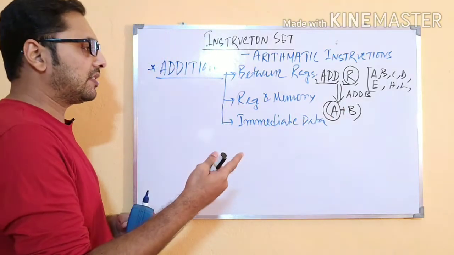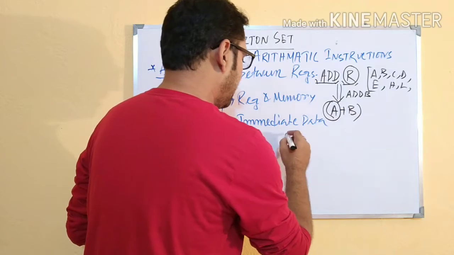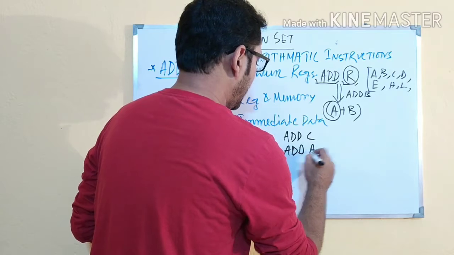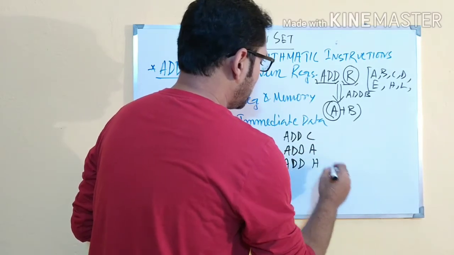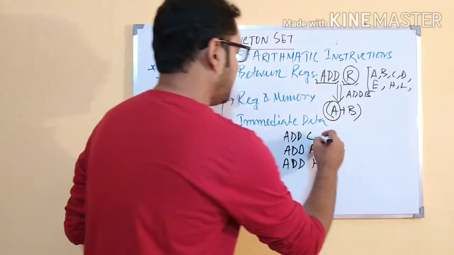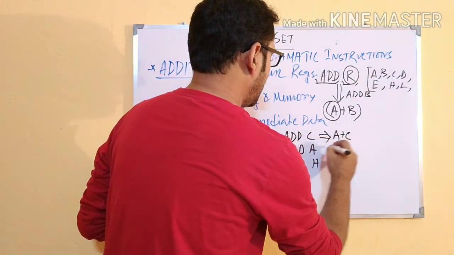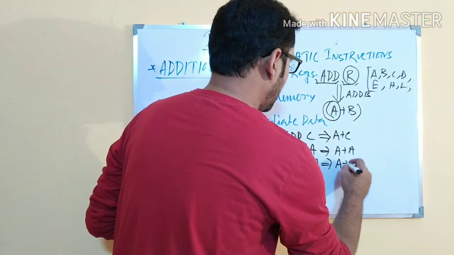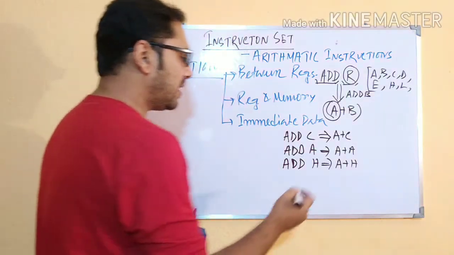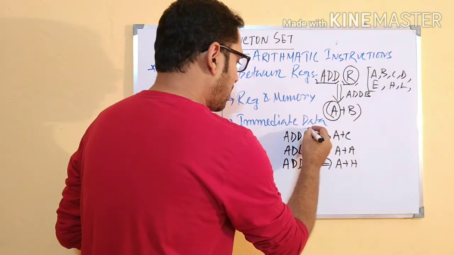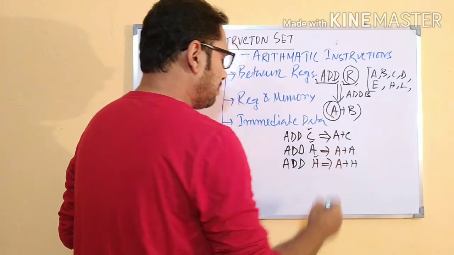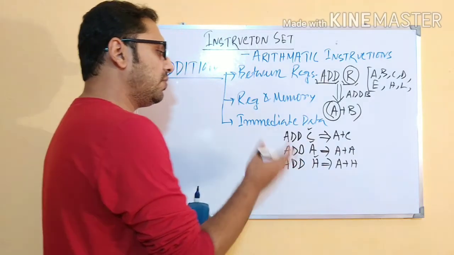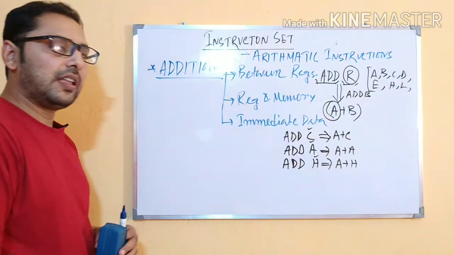The operand is A plus R. That means for every example, if I write down this one, add C, if I write down add A, if I write down add H, whatever I write down, what I actually want to perform, this means I want to perform this one, A plus C. Add A means I want to perform A plus A. Add H means I want to perform A plus H. So everywhere, along with this operand that we have mentioned by the instruction itself, accumulator is used within the instruction as an implicit one.